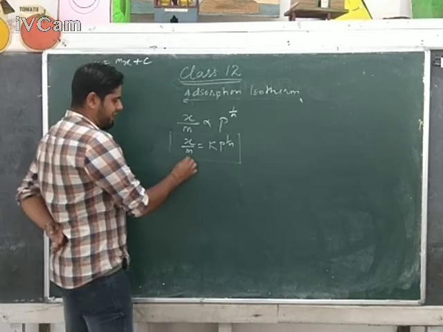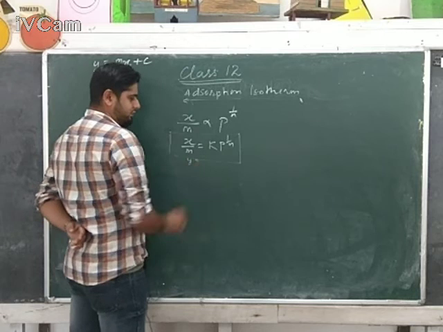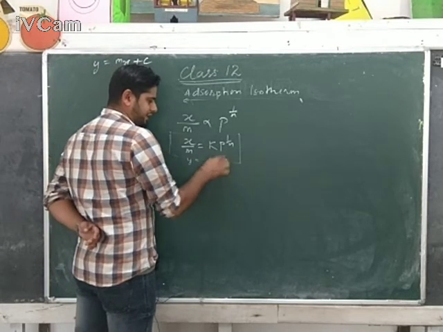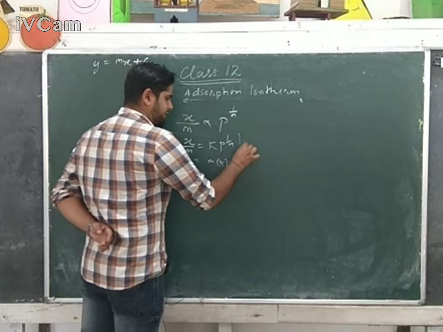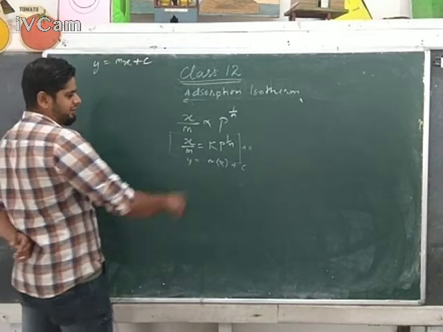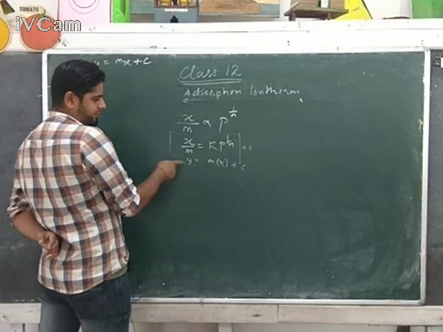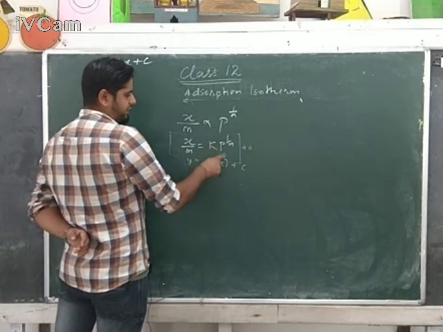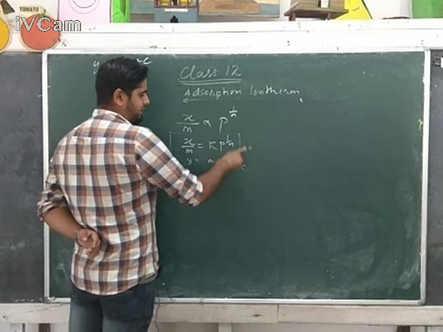Let us consider y equals mx plus c, with c equal to 0. Compare this: y equals x by m, in place of m there is k, in place of x there is p to the power 1 by n, and in place of c is 0.